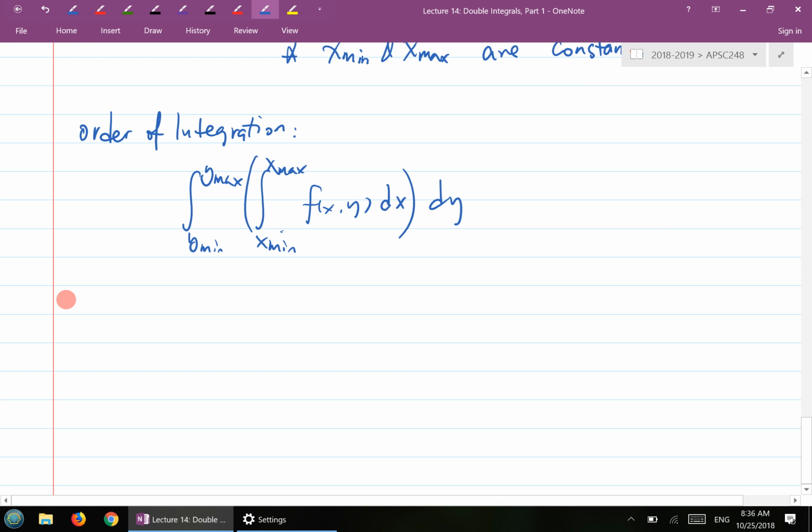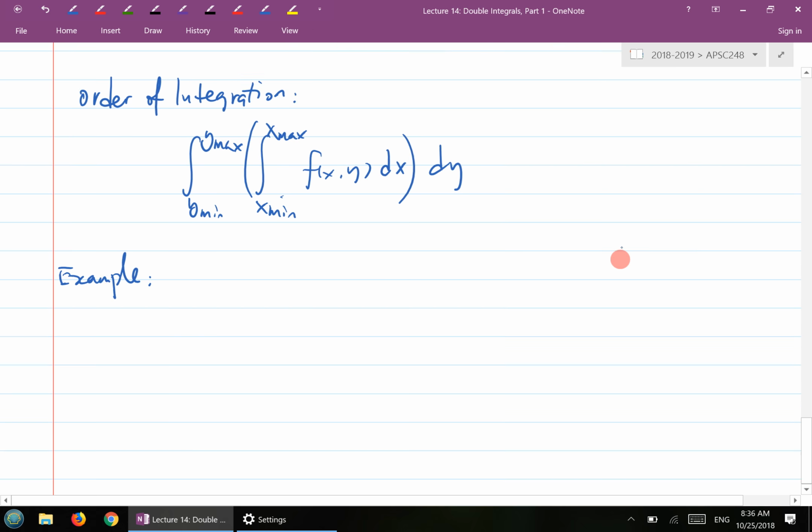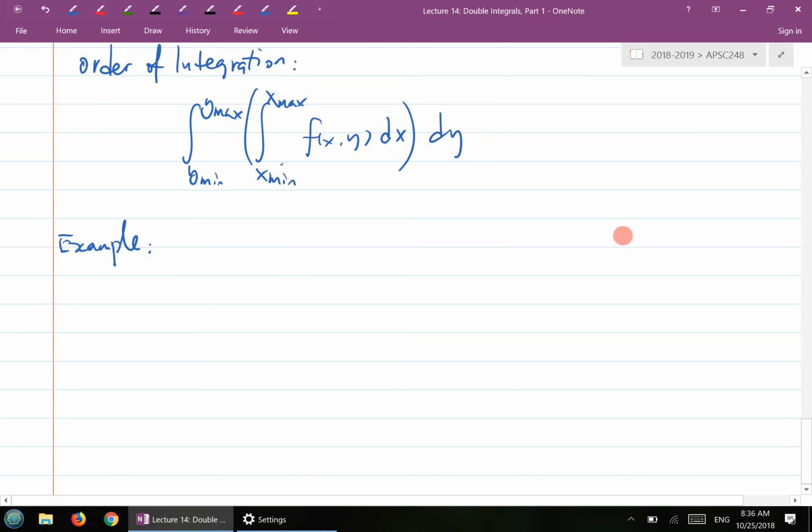Okay, let's take a look at a very simple example first, and then we'll look at other examples. In this particular case, I have a function f of x y equal to 4 minus x minus y.